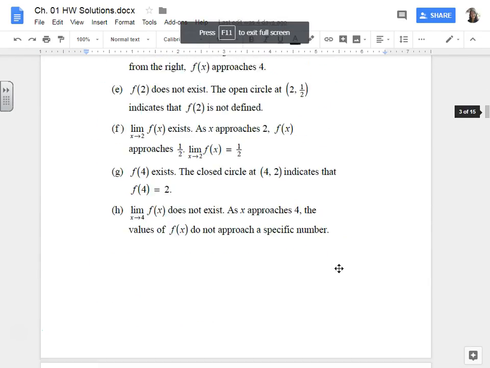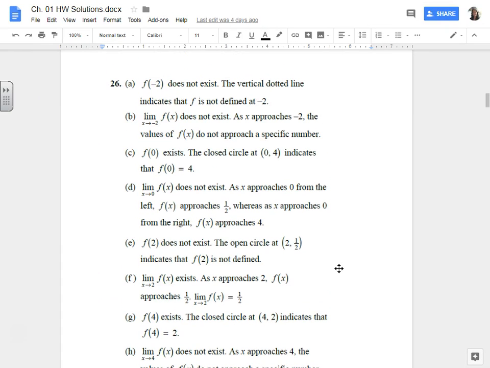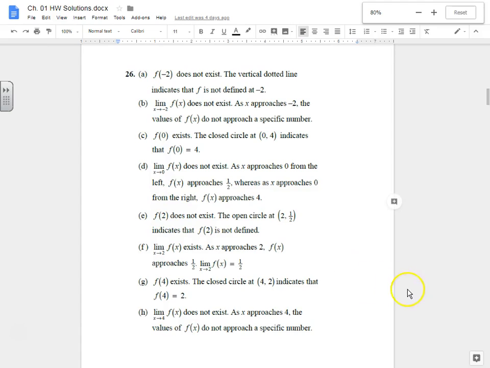Ooh, A through H. Can I zoom out? Got a little small, but you can see it all.